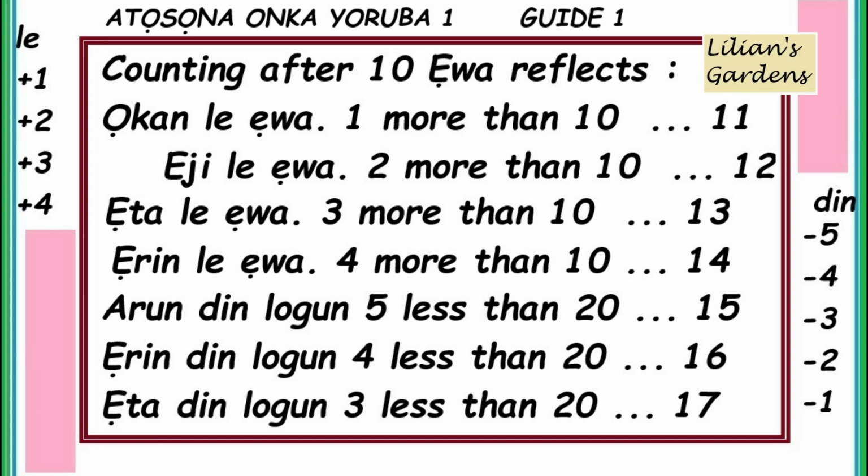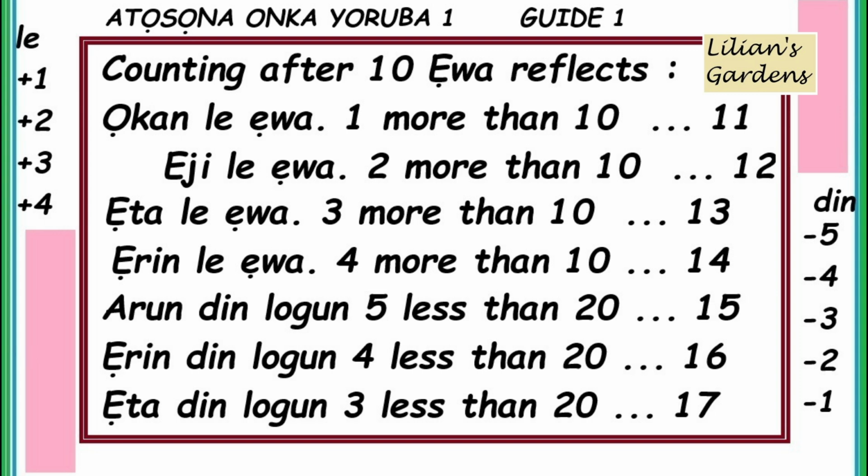So we just call it àrúndínlógún, ẹ̀rìndínlógún, ẹ̀tàdínlógún, and 18 is 2 less than 20, that is èjìdínlógún. 19 is 1 less than 20, and that is ọ̀kándínlógún. And from 19 we now get to 20.